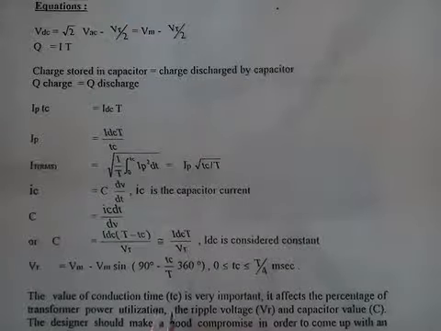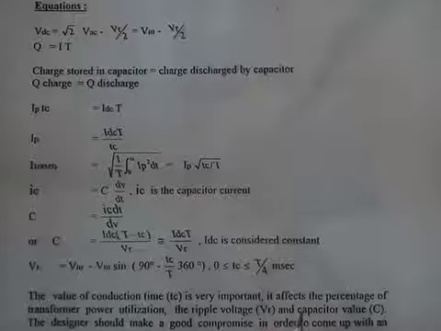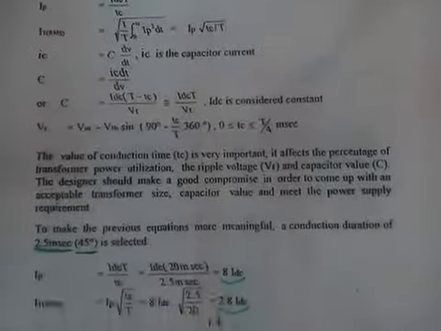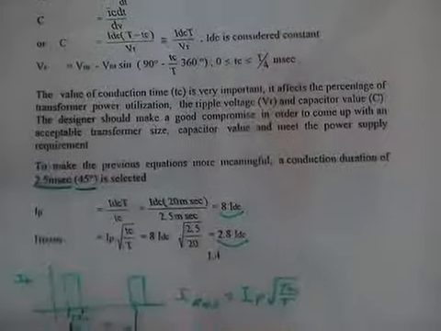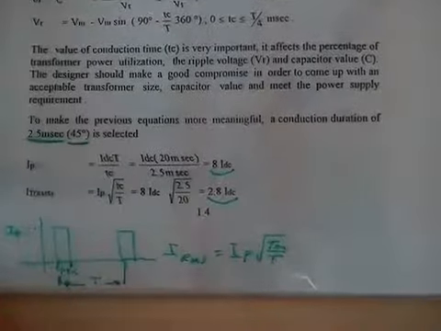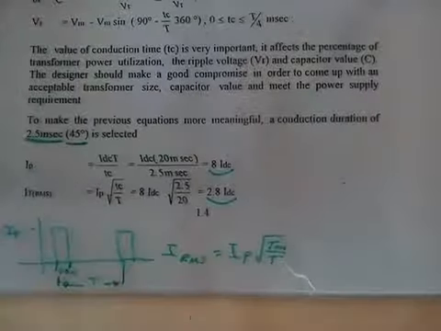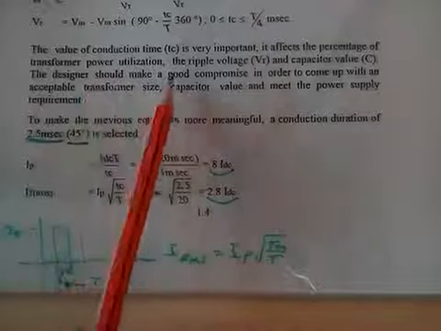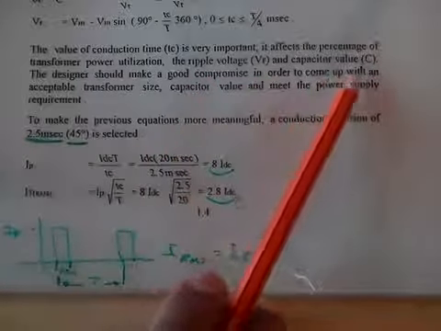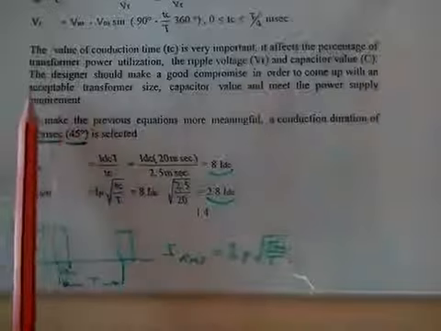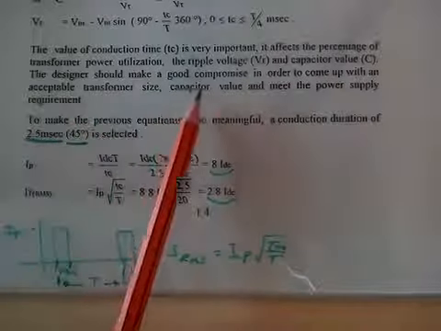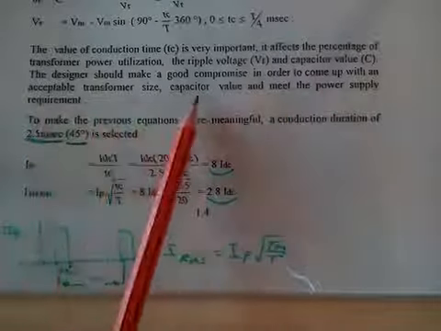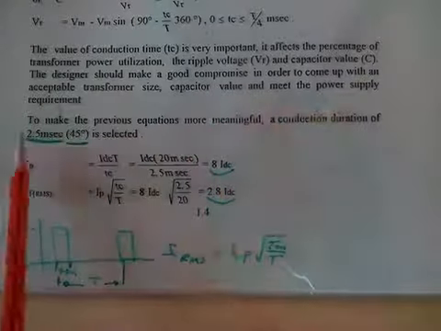The value of conduction time Tc is very important. It affects the percentage of transformer power utilization, ripple voltage VR, and capacitor value C. The designer should make a good compromise in order to come up with an acceptable transformer size, capacitor value, and meet the power supply requirements.